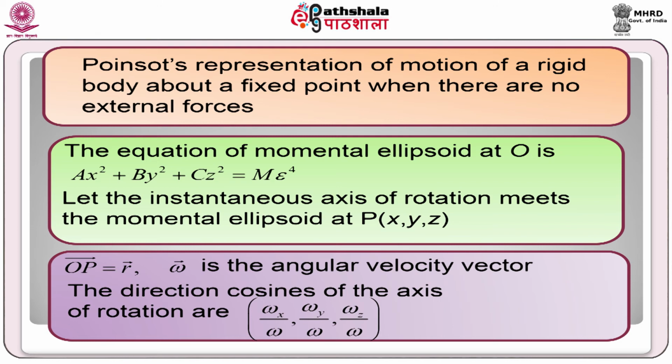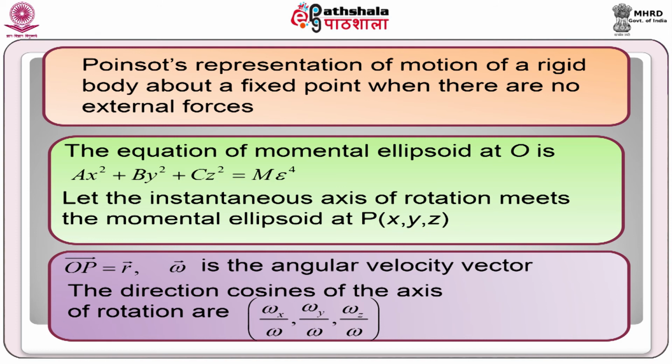Y square into x square means dimension of length to the power 4. So, here we get on the right hand side the dimension of M, and as epsilon gives the dimension of length, mass into dimension of length is 4. In a similar way, other terms give the same result, that is, both sides are dimensionally the same.